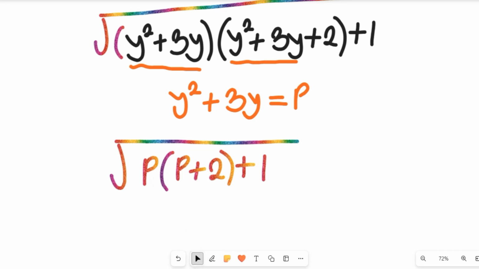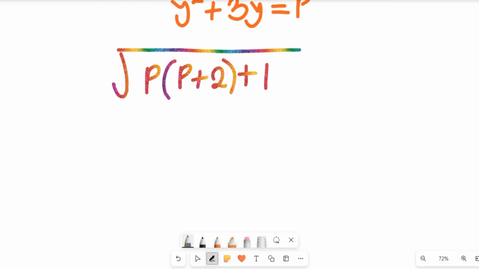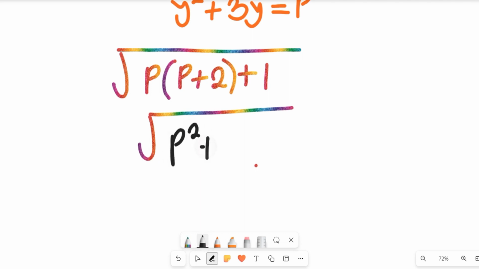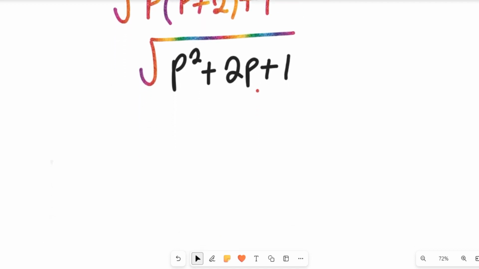So if we expand that expression, we're going to have the square root of p squared plus 2p plus 1. Now, do you see that that is giving us what we call a quadratic expression?